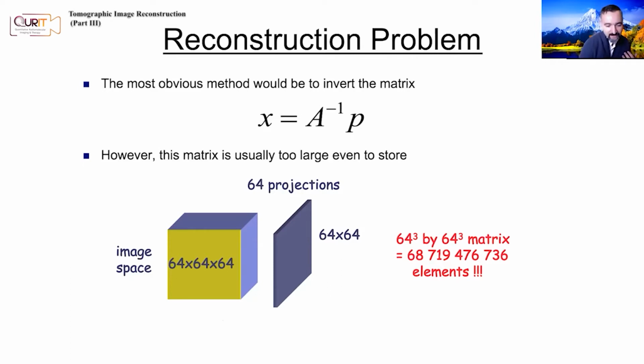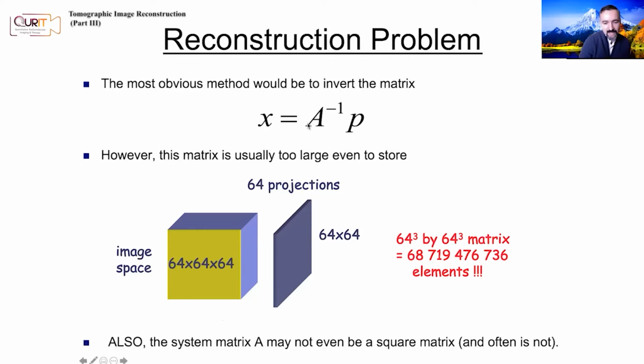And secondly, who says that A has to be even a square matrix? I mean, here we made it simple, but why should we have to have the same number of elements here and here? In practice, in fact, A is not a square matrix. You may have an underdetermined problem or an overdetermined problem, where you may have actually more projections than pixels, right?